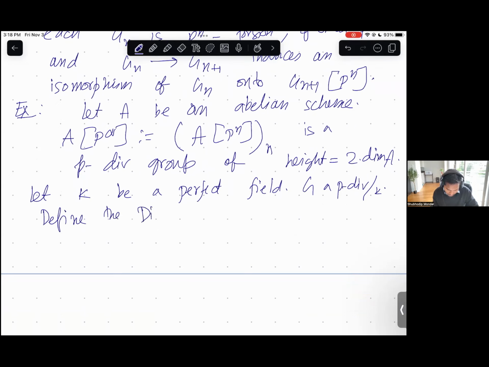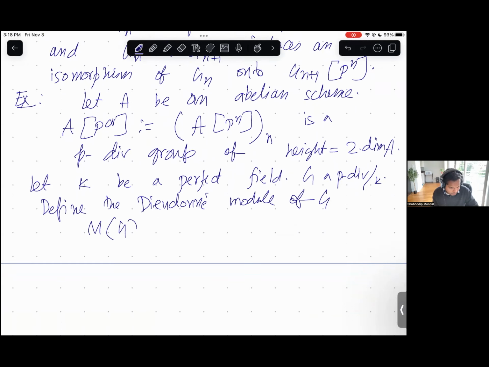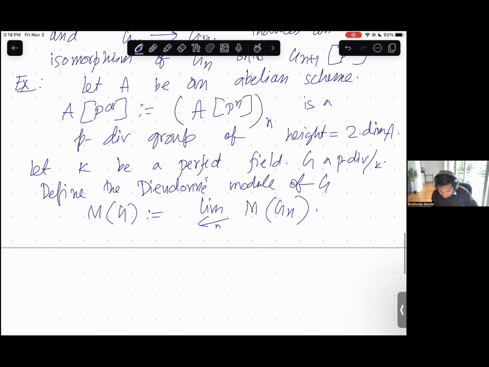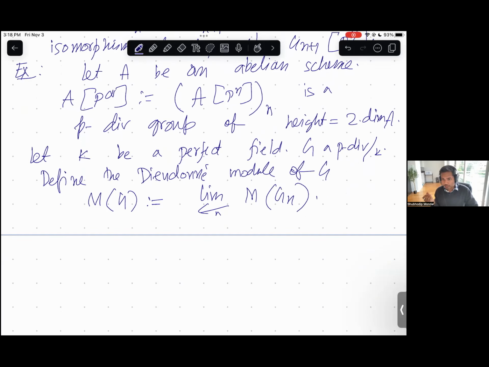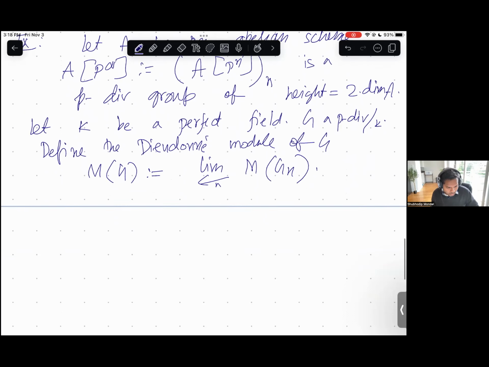Define the Dieudonne module of G as the inverse limit over the Dieudonne modules of each of these finite flat group schemes Gn.